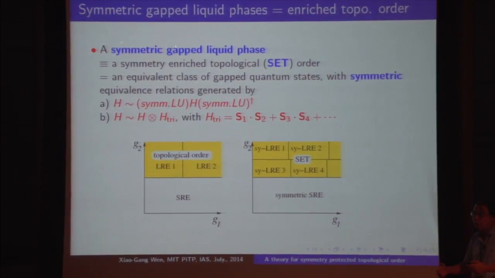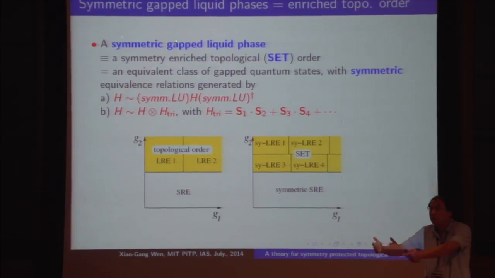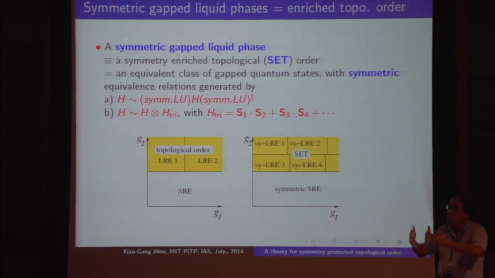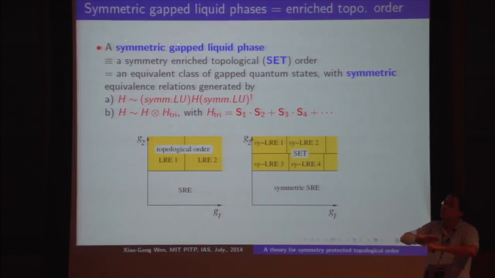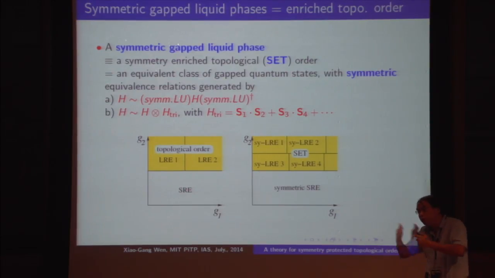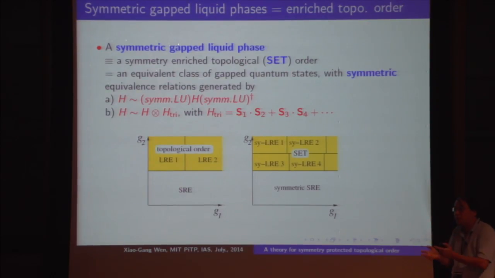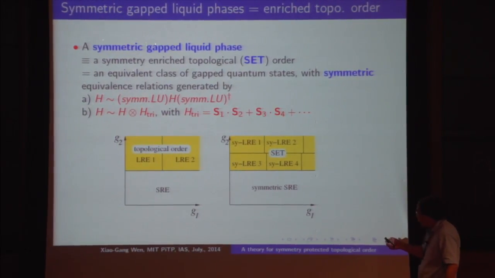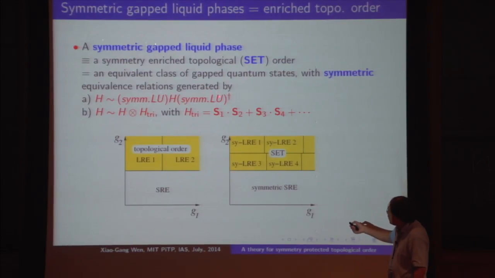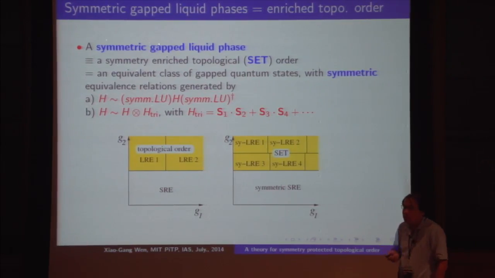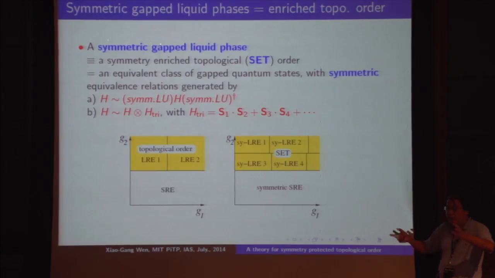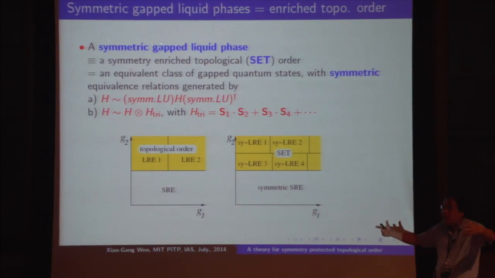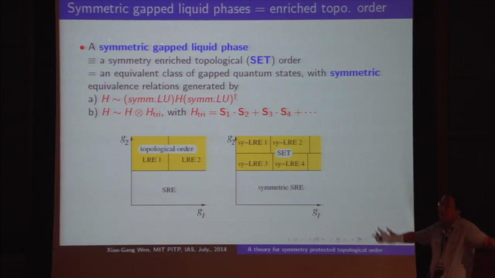This corresponds to deforming the Hamiltonian only within the subspace of symmetric Hamiltonians. So when we do deformation, we keep the symmetry, we do not break it. So the local unitary transformation should also have the symmetry. Therefore, these equivalence relations are smaller, so each class is smaller. Then we have more classes.